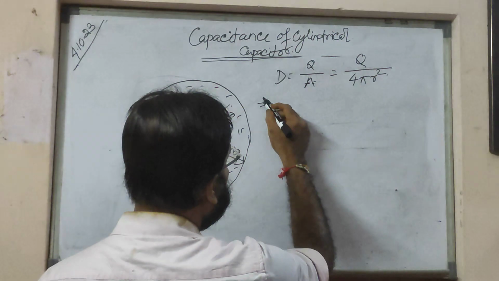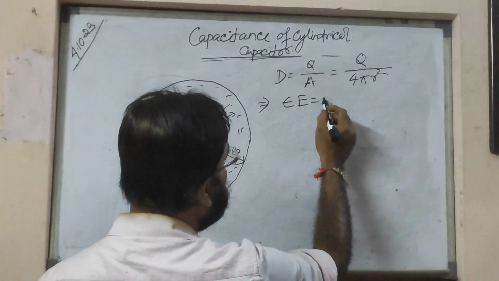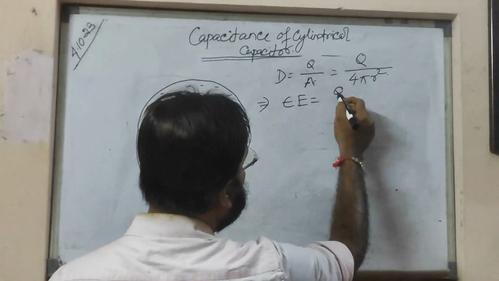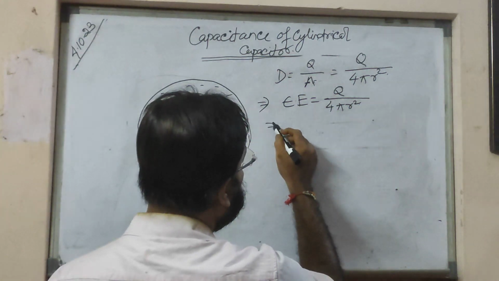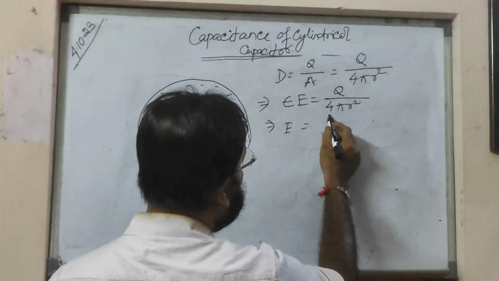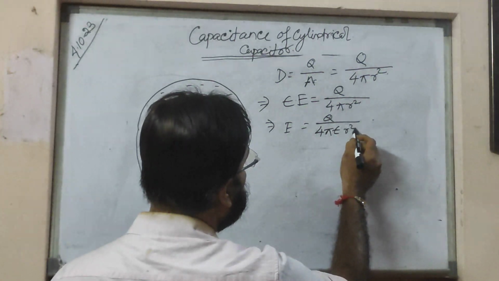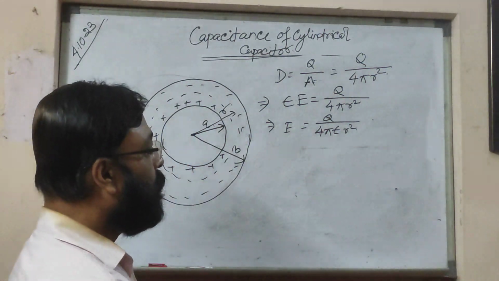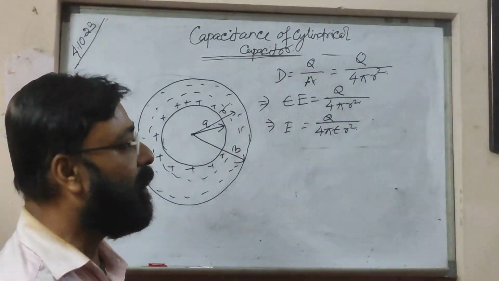So that gives you, again we know that the electric flux density is equal to epsilon into electric field intensity. So it is equal to Q by 4 pi r square. So that gives you E is equal to Q by 4 pi epsilon into r square. Now we know that the electric field is equal to negative of the potential gradient.